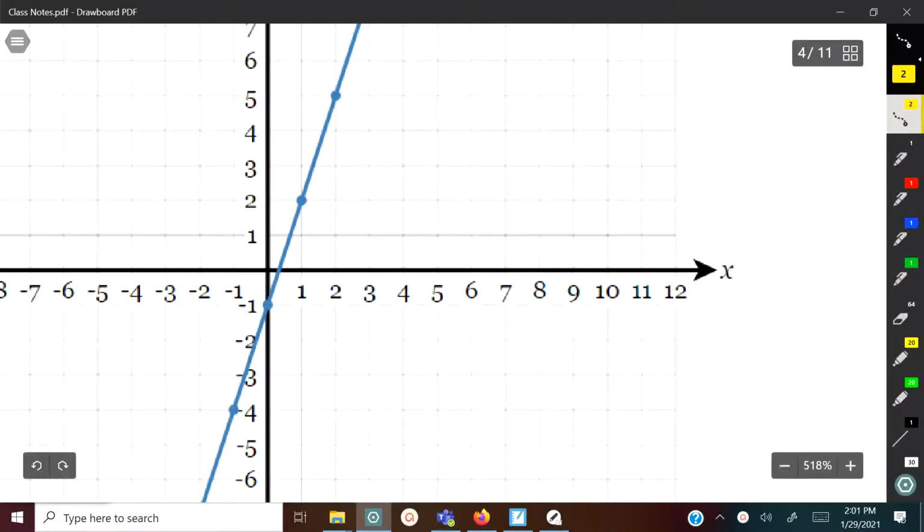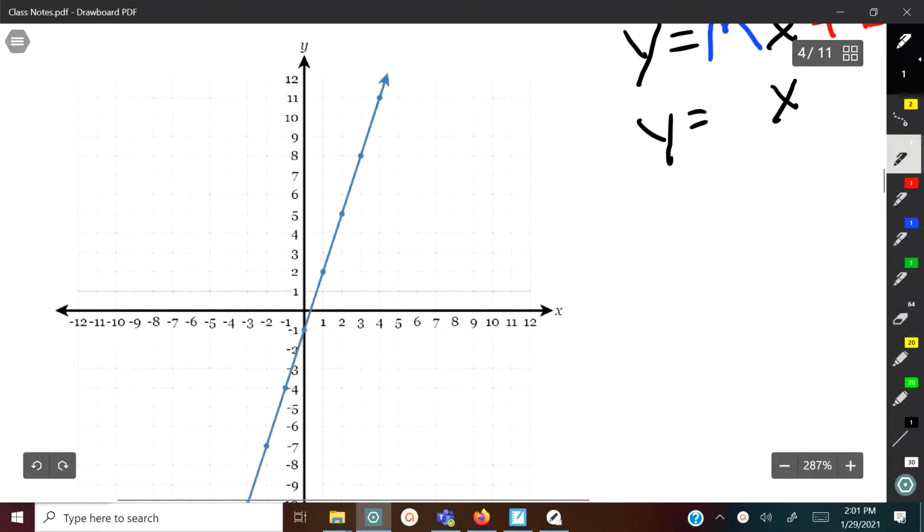I'm going to pick these two here, and I'm going to do the rise. The rise is up 1, 2, 3, and the run is over 1. So I go up 3 and over 1. That's going to be 3 over 1, which is equal to 3.